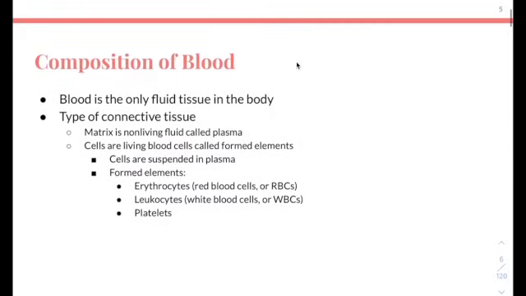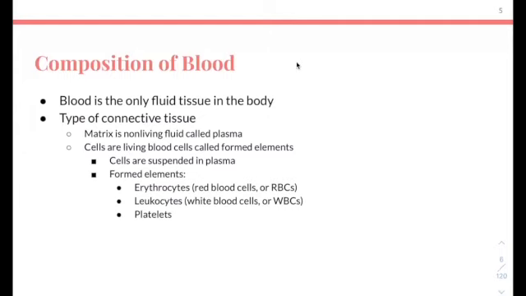So, our blood is technically considered a tissue. It's a connective tissue. That's why back in A&P 1, we actually look at blood when we look at different types of tissue, because it is considered a connective tissue.